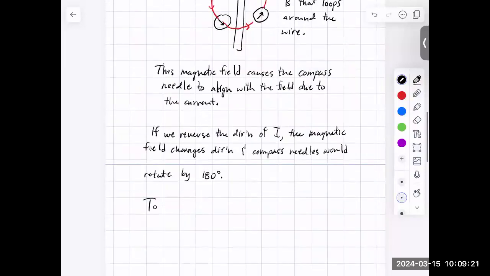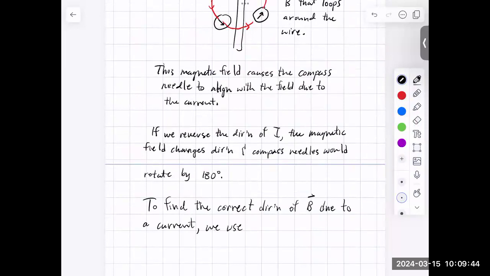So to find the correct direction of the magnetic field due to a current, we use the right-hand rule.